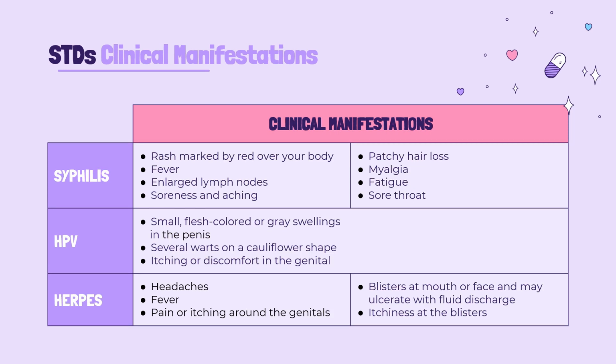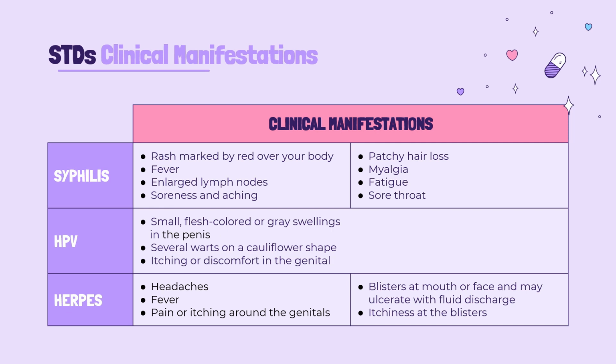For the clinical manifestations of syphilis, the patient will have a rash marked by red spots all over their body, fever, enlarged lymph nodes, soreness and aching. They will also complain of patchy hair loss, myalgia, fatigue, and sore throat.